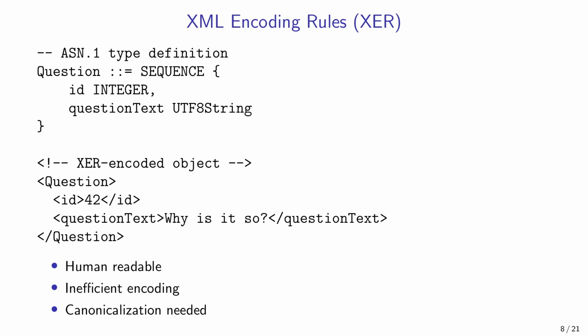However, if we try to compare bit by bit two encoded values, the result will be different if different spacing is used, and so on. So canonicalization is a type of normalization which will transform XML encoded data using common agreed upon normalization rules. This canonicalization actually is not that trivial in practice, and therefore this is something we would like to avoid. All right.